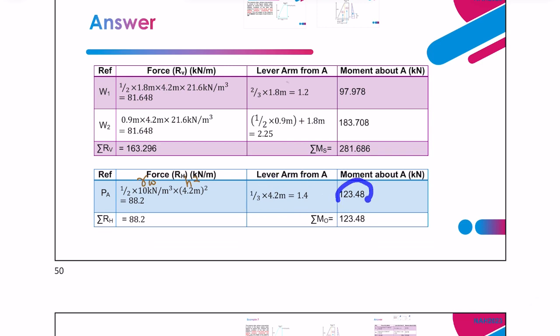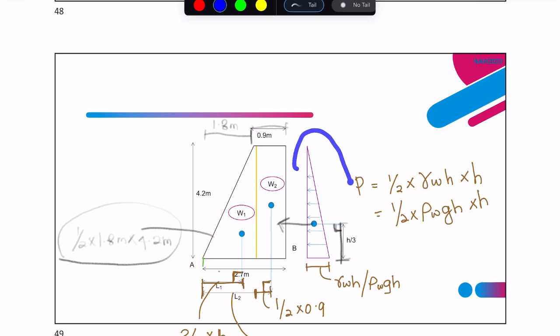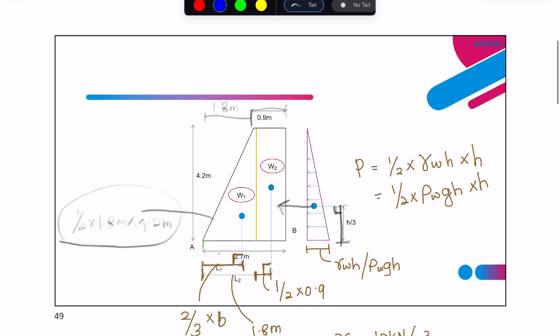Then you get the moment about A, multiply 88.2 with 1.4. In this question, there is no other horizontal forces acting at the back of the wall, only the water. So that is the only force yang kita ada arah horizontal.